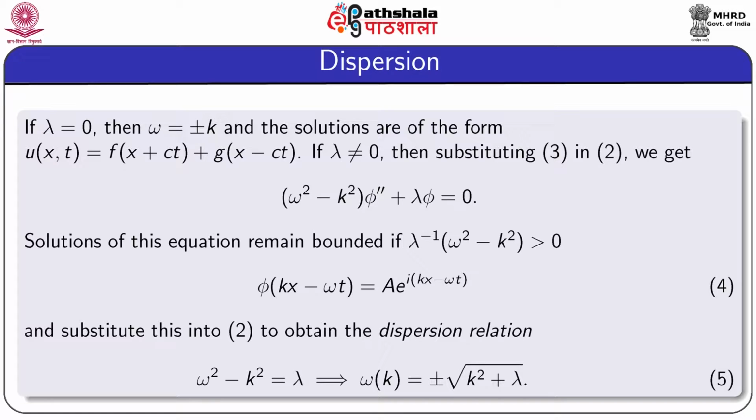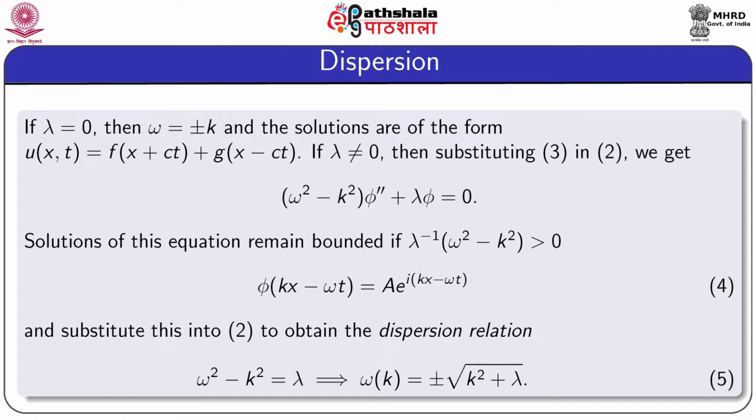Now, the solution of this equation can be obtained easily, but if we want a bounded solution, then λ/(ω² − k²) should be a positive number. For that case, the solution can be written in a simple form, which is given in equation number 4. So, φ(kx − ωt) = A e^{i(kx − ωt)}.